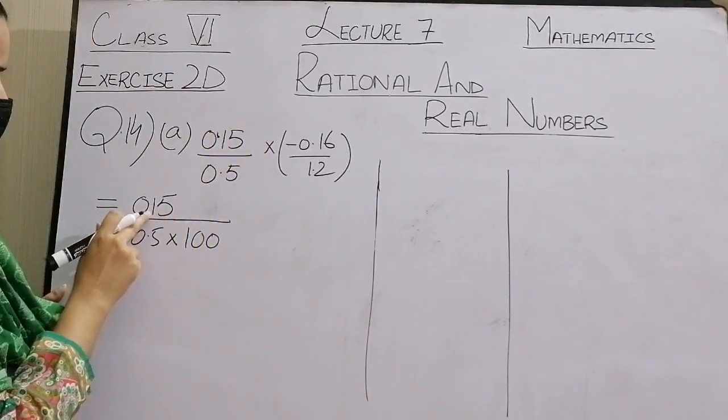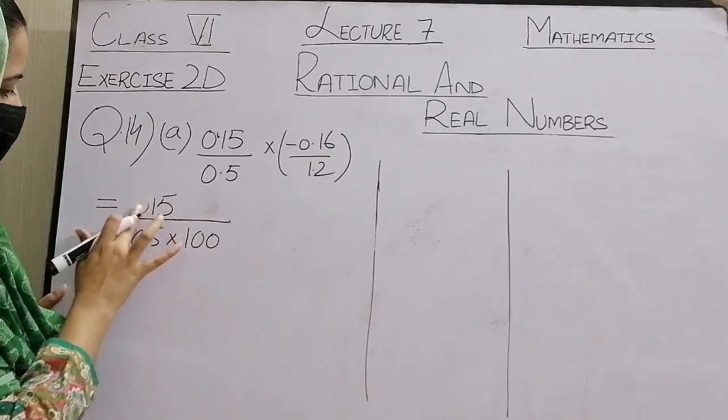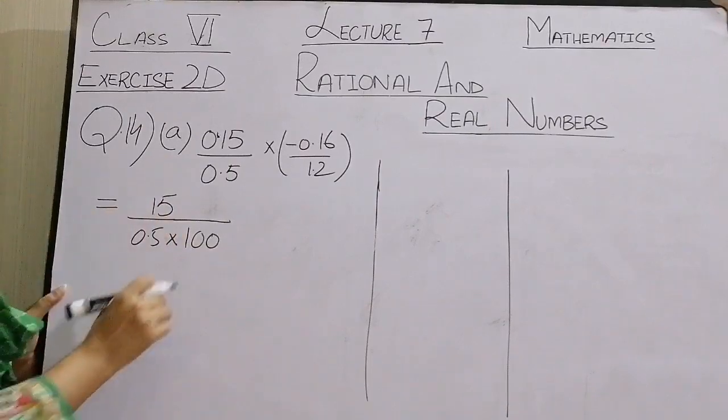So we have eliminated the decimal from 15. 0.15 is not correct to write, so we write just 15 here.